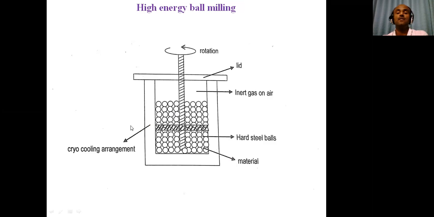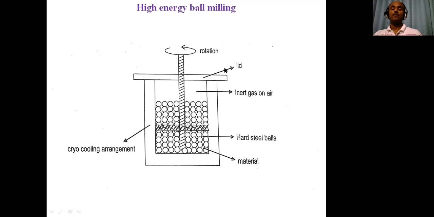Now this is a simple schematic diagram for high energy ball milling method. It includes a reactor inside which we have hard steel balls, and at the center we have a rod. With the help of this rod, the hard steel balls are rotated, and a powder, that is the bulk material, is mixed with these hard steel balls, and due to the rotation, grinding of this bulk material between the hard steel balls takes place.